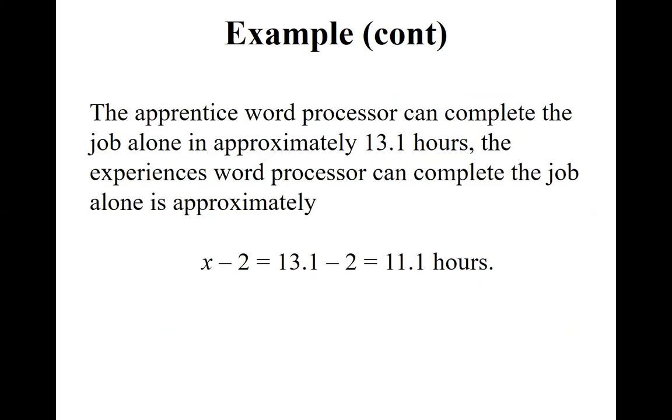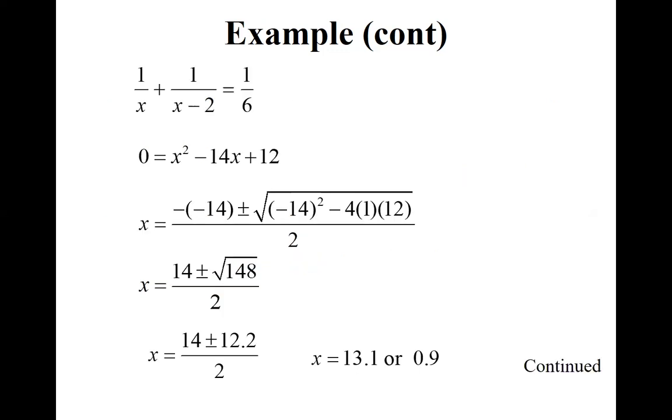We get our answer. X was 13.1. The reason we don't do anything with the 0.9 is because the other guy can do it 2 hours faster, or the other girl.